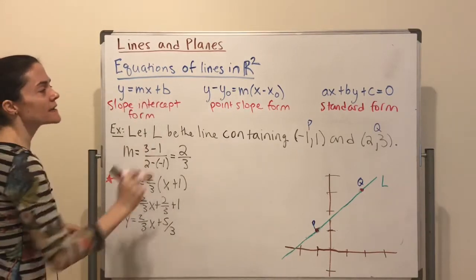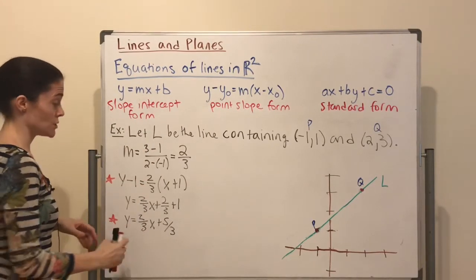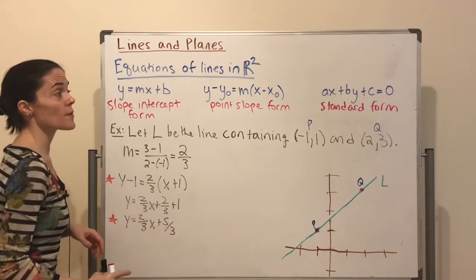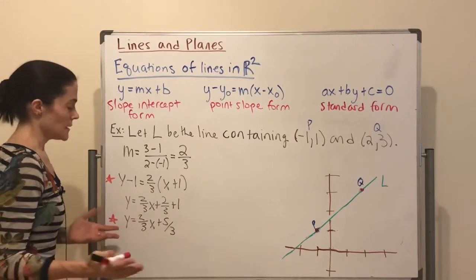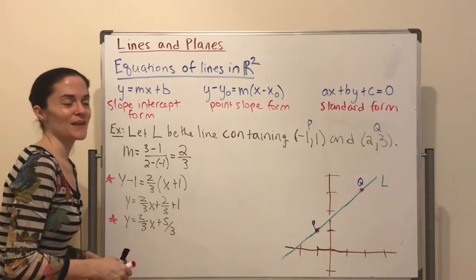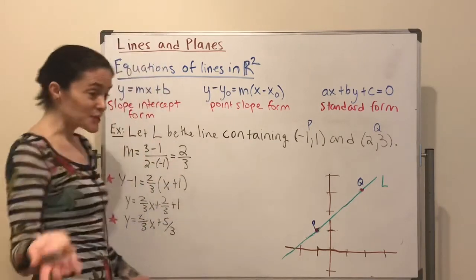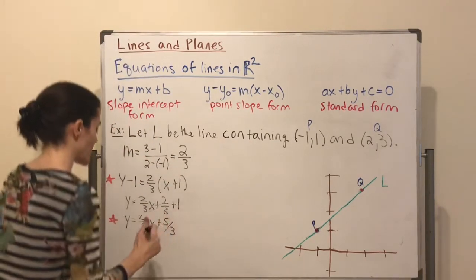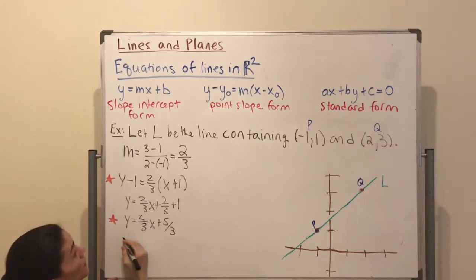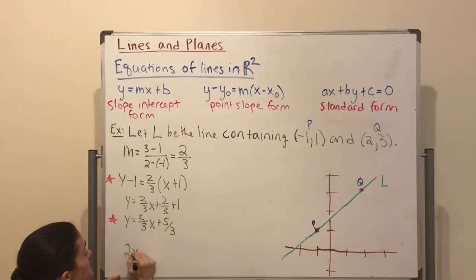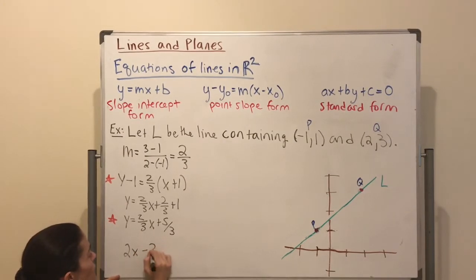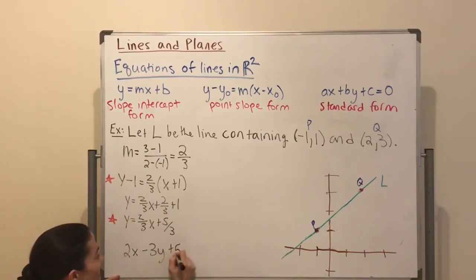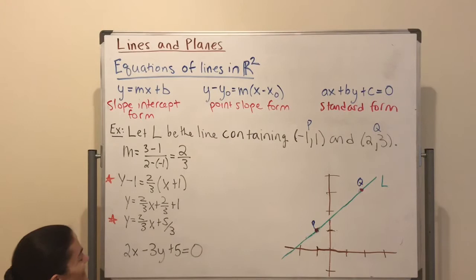But then to get standard form, all I really need to do is subtract y from both sides. But personally, if I can avoid fractions, I do. So I'll multiply through by 3 at the same time. So I could get 2x minus 3y plus 5 equals 0.